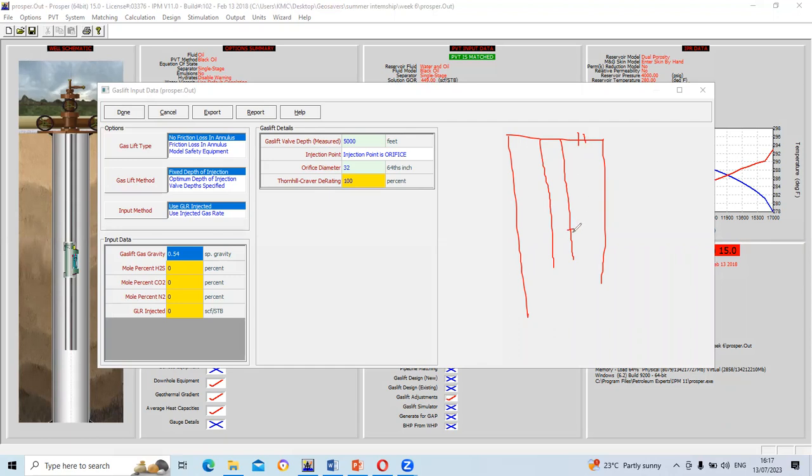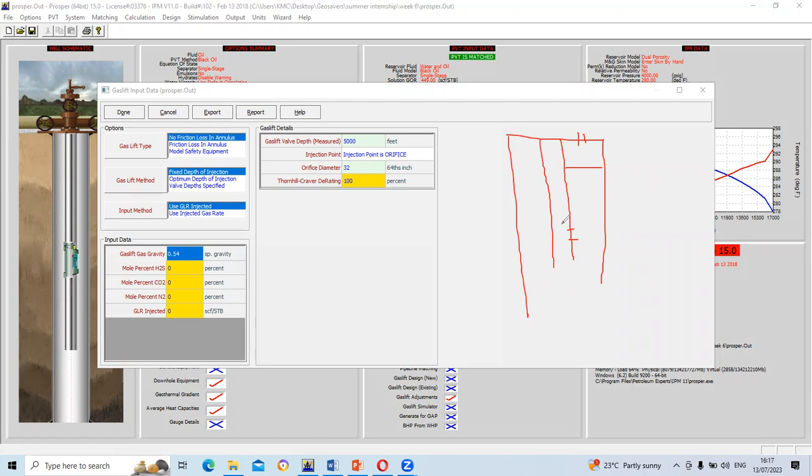So if there is a particular fluid inside this annulus before you start injecting, you might say your operating valve is, let's say, at 4,000 feet, but the fluid is at this level. How does the gas now get from the surface to this depth? Because the intention is for the gas to get to the tubing so that it will mix up with the fluid inside this tubing, thereby reducing the hydrostatic pressure, the hydrostatic head, or reducing the force due to gravity.